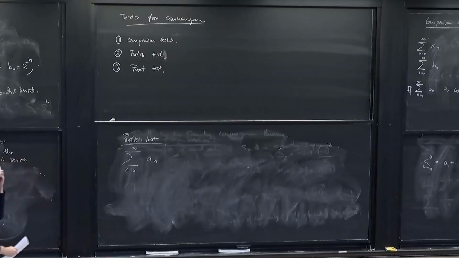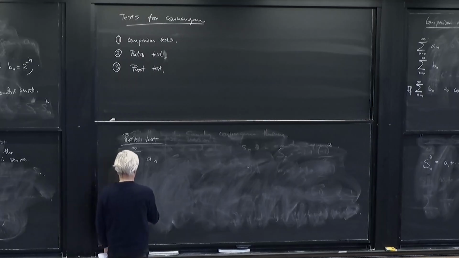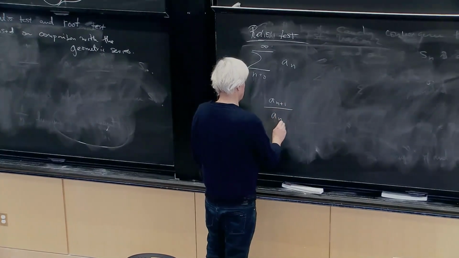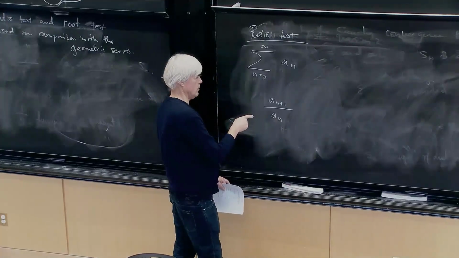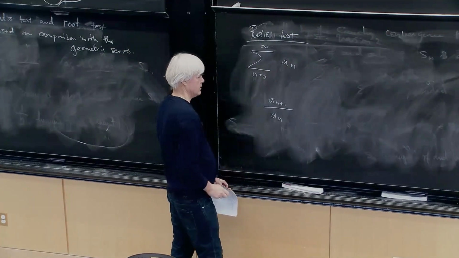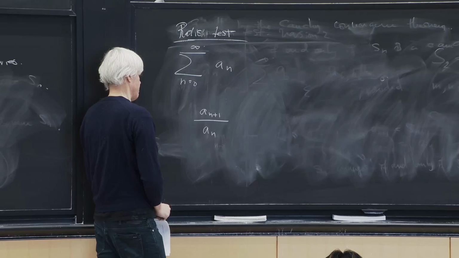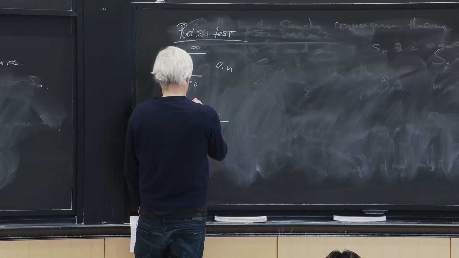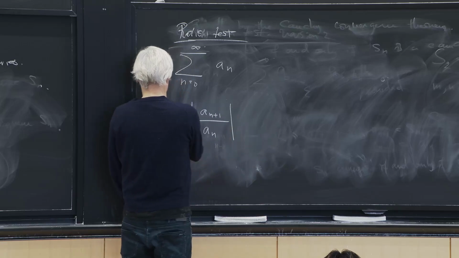And the ratio test is that you look at a_{n+1} over a_n. So you are looking at the ratio between two consecutive elements of the a_n, and you're looking at the absolute value of this.